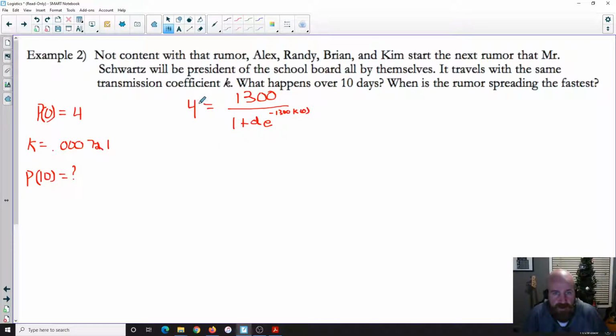So we have this situation again where 4 equals this 1300 over 1 plus d. Now we can go ahead and solve for d. So we have 1300 divided by 4, minus 1. So d is 324.